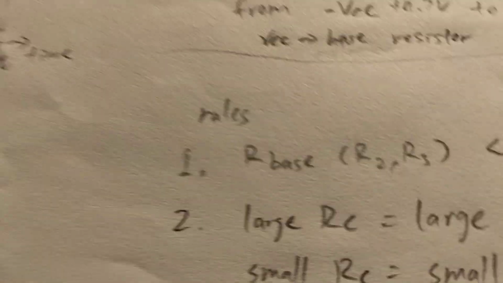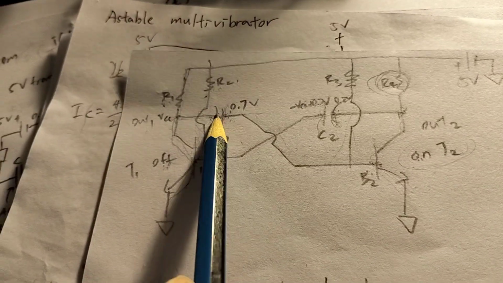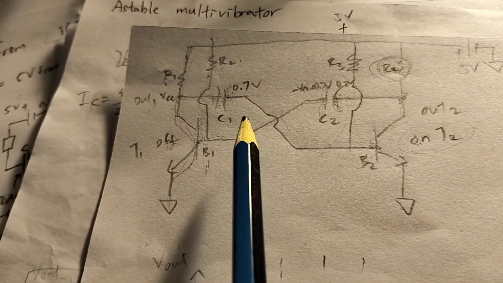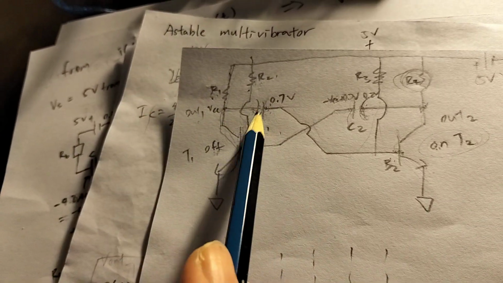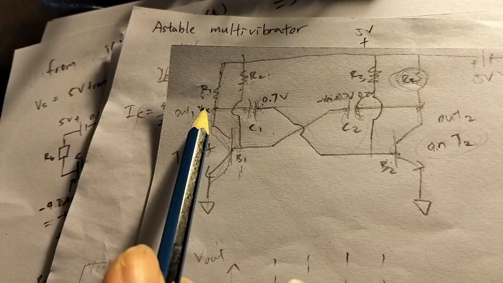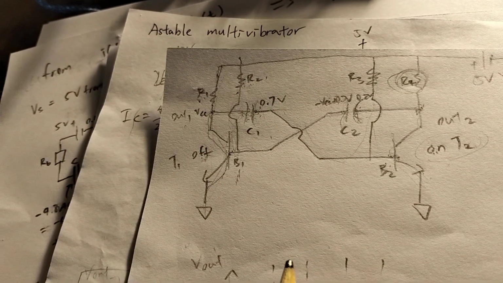The next thing is to notice this capacitor actually switches polarity during the cycle. In one side of the cycle, it's positive towards the collector, and on the other side of the cycle, it's positive towards the base. So using an electrolytic capacitor is not the best idea.